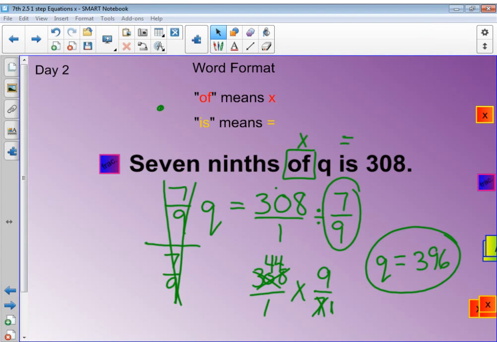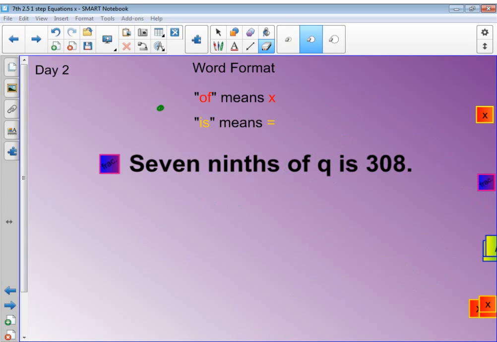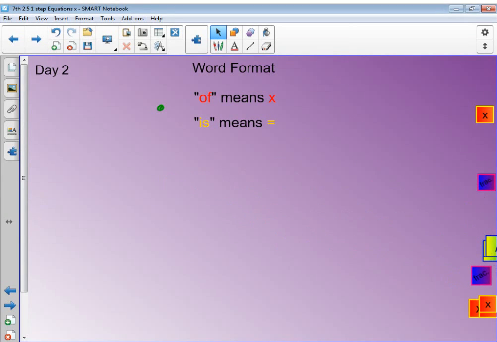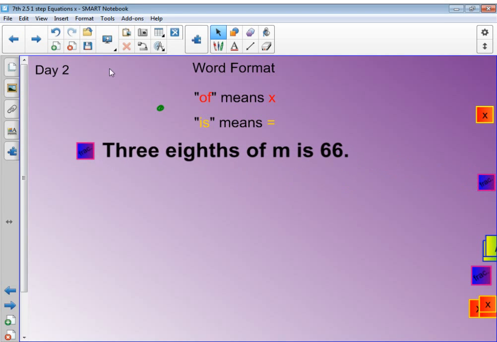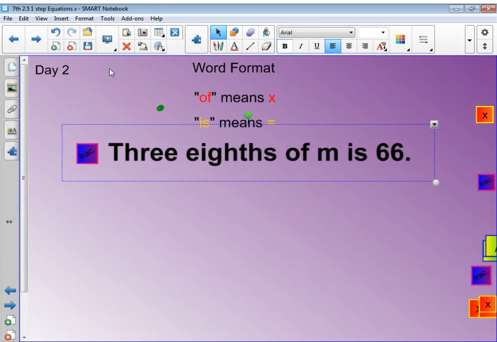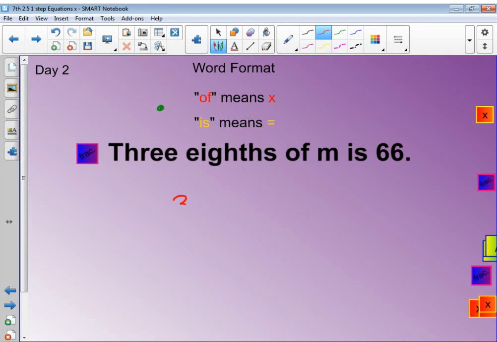Okay, so we'll solve these fractions the same way that we did. It's just that now it's the word format, so sometimes that's a little confusing if we don't go through and practice it. Okay, 3/8 of m, so times m, so you guys are used to seeing m right next to it, equals 66. So there's my equation. So now we're going to go ahead and solve it.